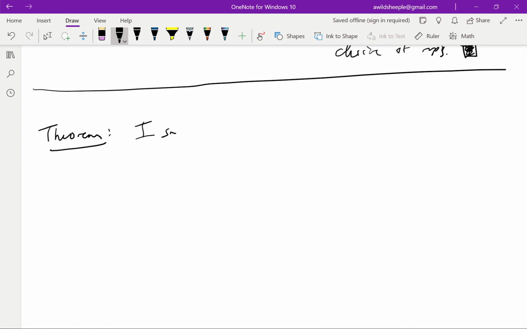Suppose that I is small, then the following are equivalent. First, I is filtrant.